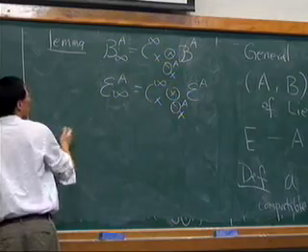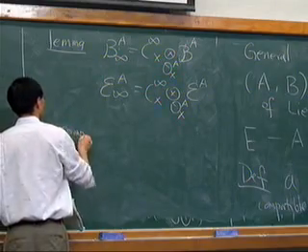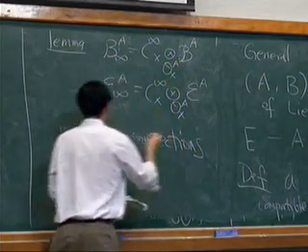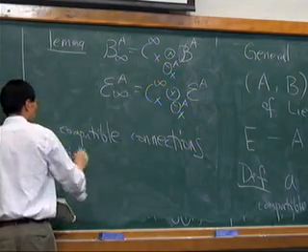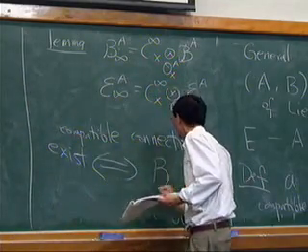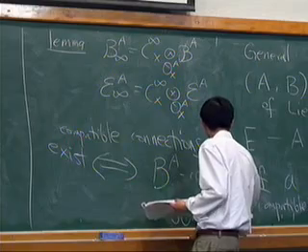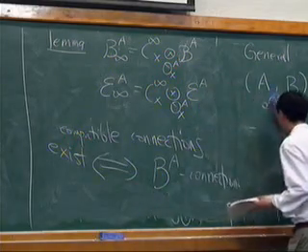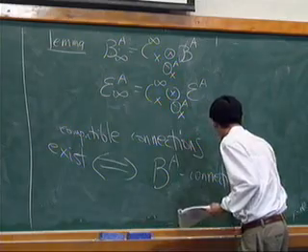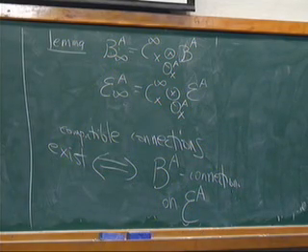And then the existence. Exactly what the compatible connection is: the same as a B connection, this connection and a B connection on E. Okay, this is almost trivial to see.